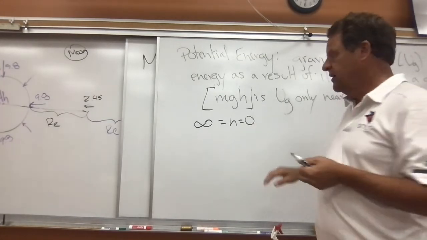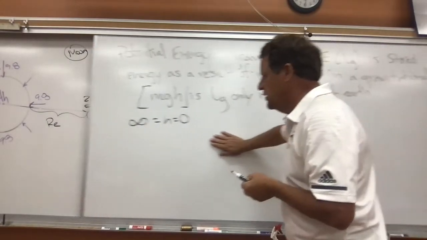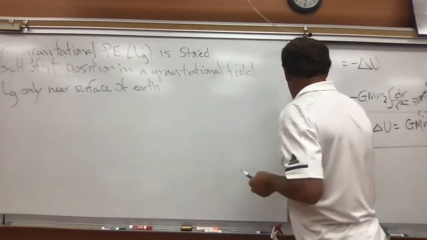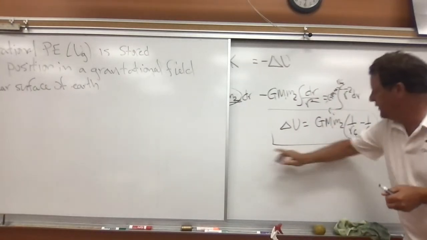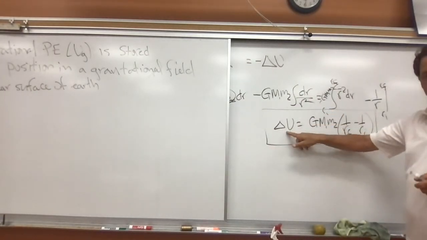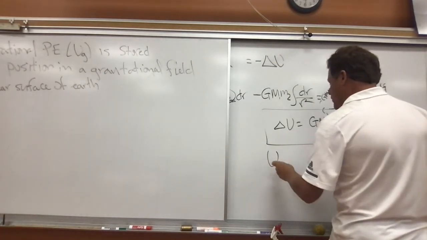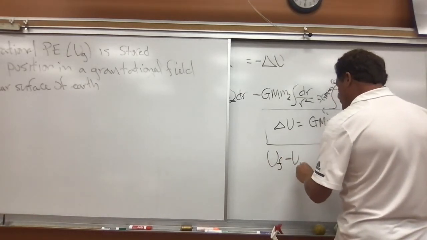Now, if we go back to our equation here, if we look at here, so here is our change in potential energy, which would be U final minus U initial.